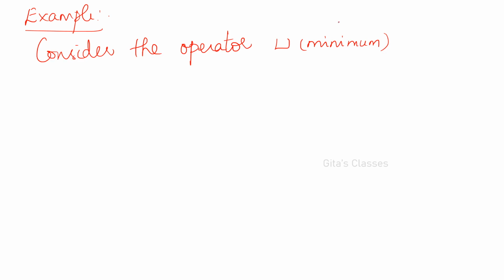This symbol is minimum. Minimum of A comma B is defined as, gives the minimum of A and B.